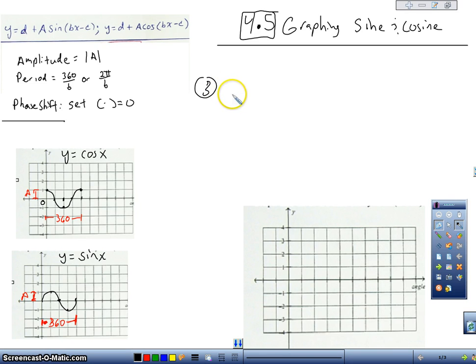And let's say that y is equal to negative 2, or sorry, negative, I said negative 2, plus negative, let's make that a negative 3, sine of x.